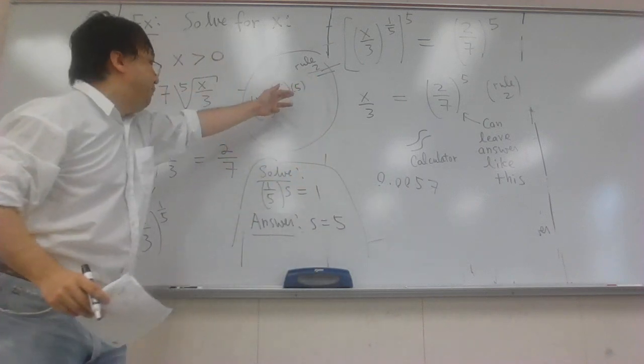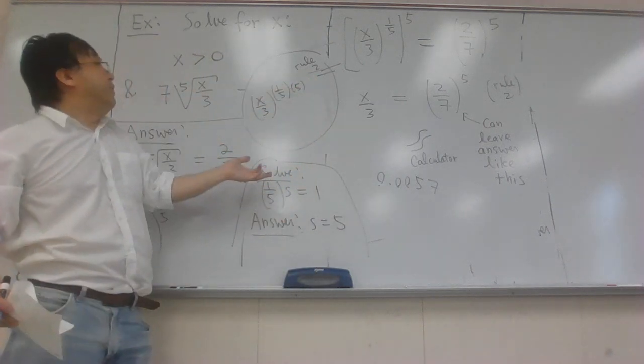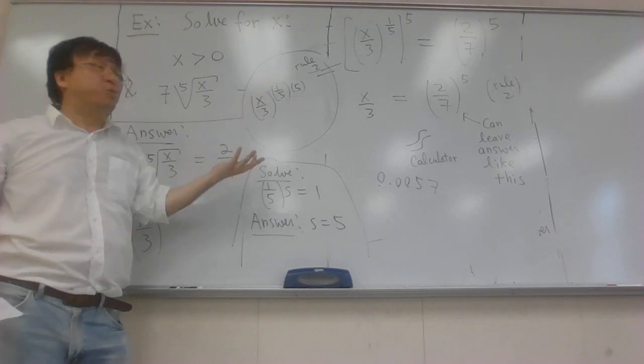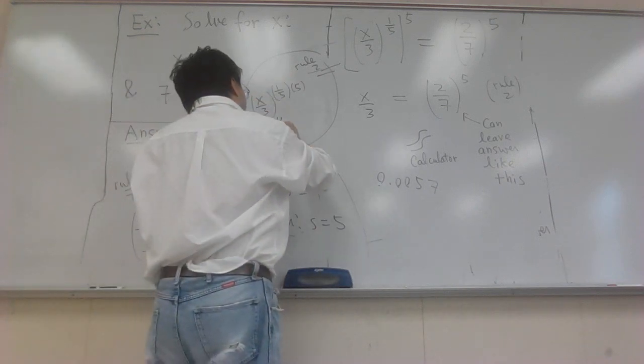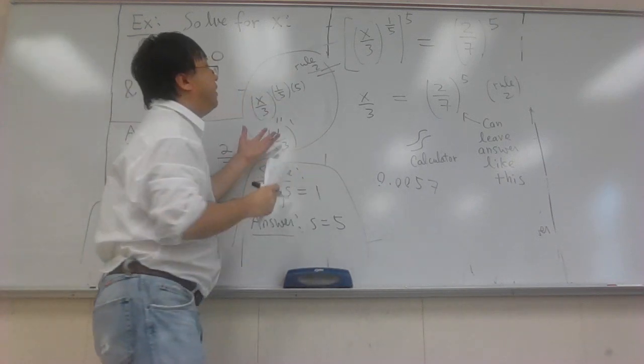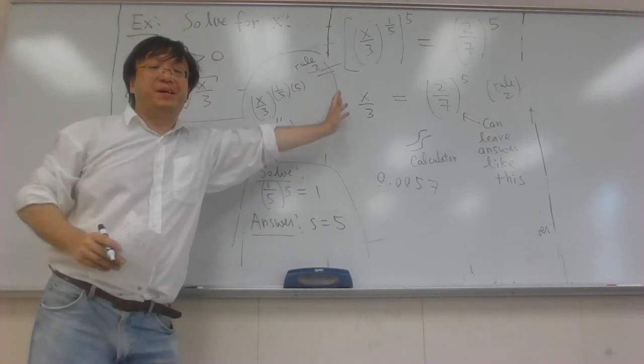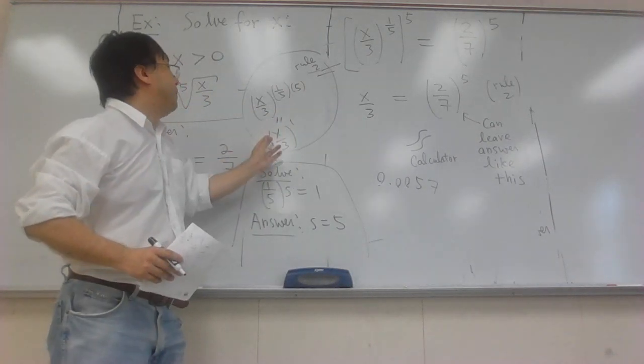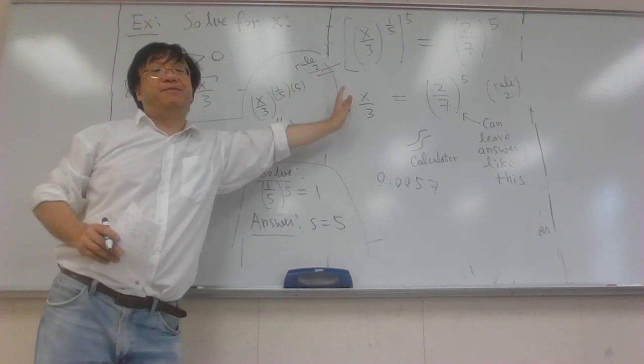But then, what was 5? 5 was the number that we chose so that if we multiply 1 over 5 by 5, it's equal to 1. So this thing is just x divided by 3 to the power of 1, which is the same as x divided by 3.